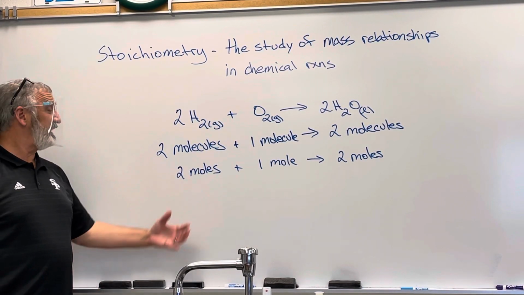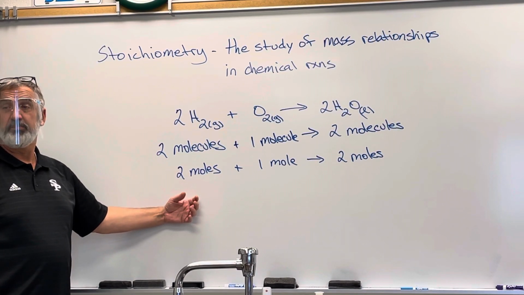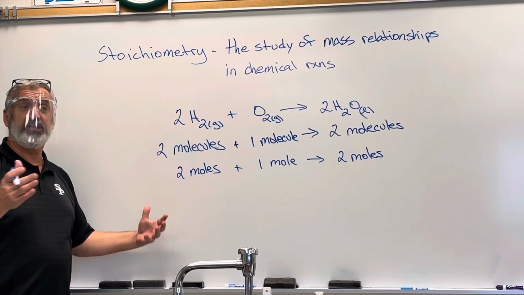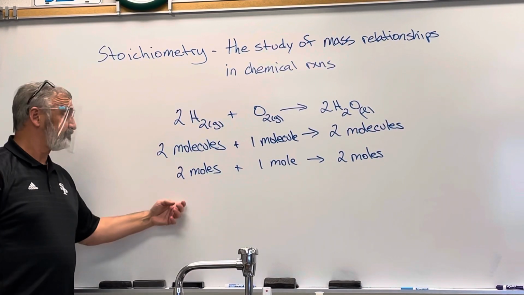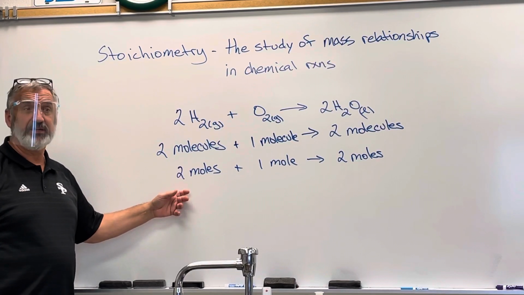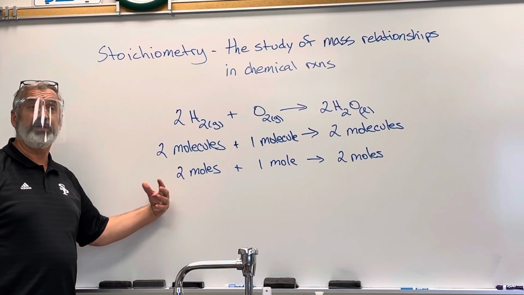Now, I can't go and measure a mole. But just like we did in the activity, because we knew the mass of an individual marshmallow, and we knew how many were in a bag, 454 grams in a bag, then we could figure out how many marshmallows were in the bag.